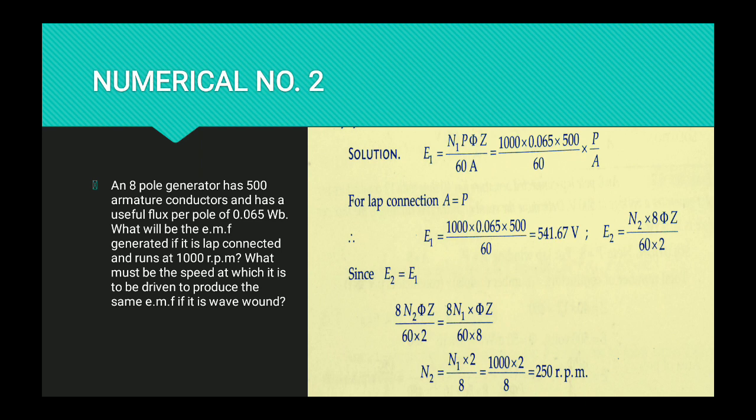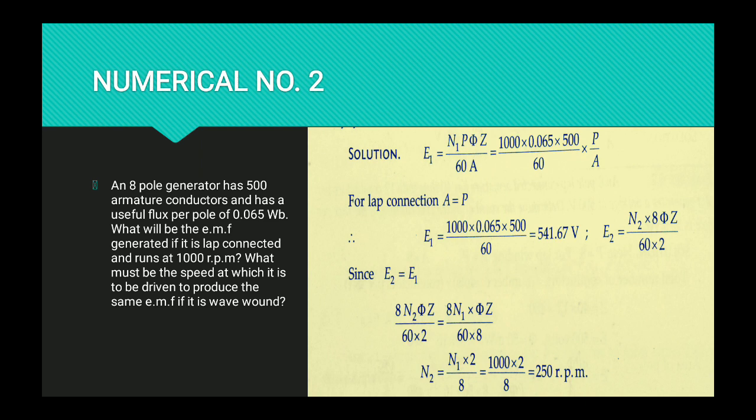So parallel paths, A equals 2. Now if we equate these two equations, then 8 into phi Z by 60 into 2 equals, in case of the first equation, 8 N1 phi Z by 60 into 8. So N2 equals N1 into 2 by 8.